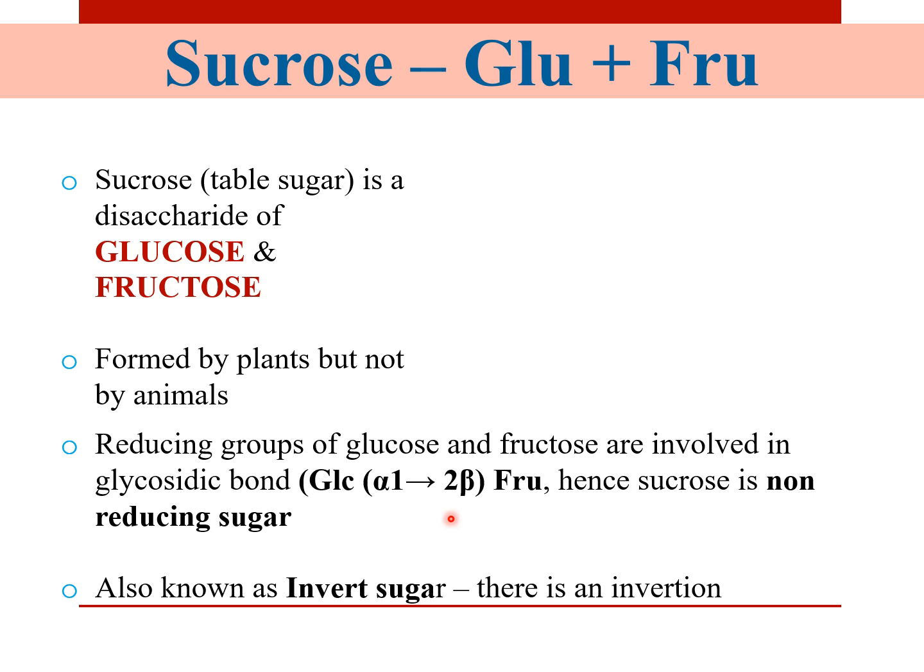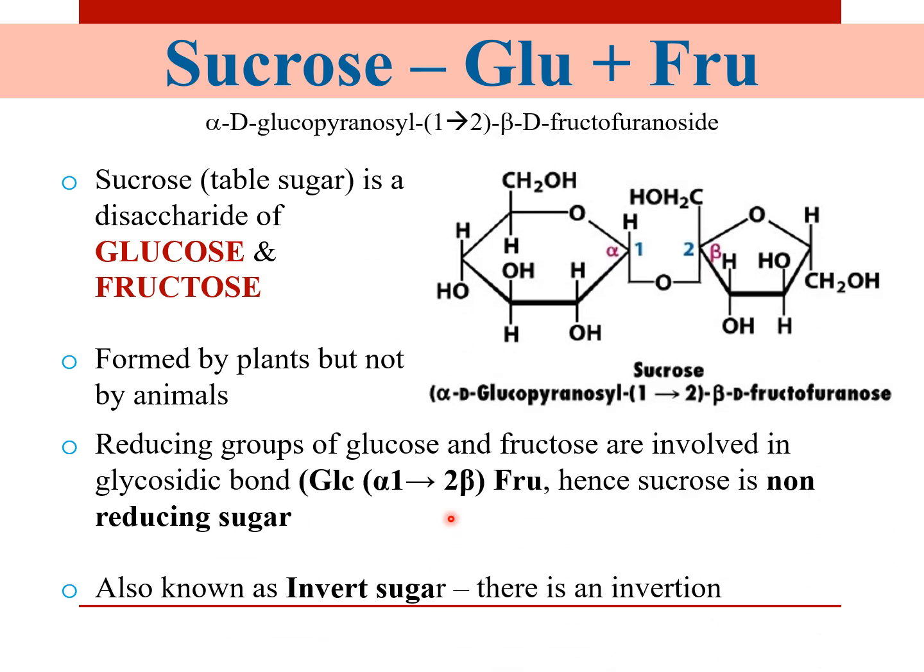Since for sucrose they are tied up in the glycosidic bond, they cannot mutarotate to expose the glucose carbonyl group and also the fructose ketose group. And therefore, as a whole, sucrose is not a reducing sugar.